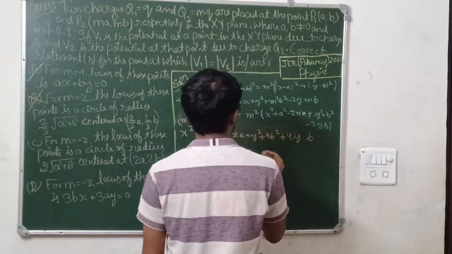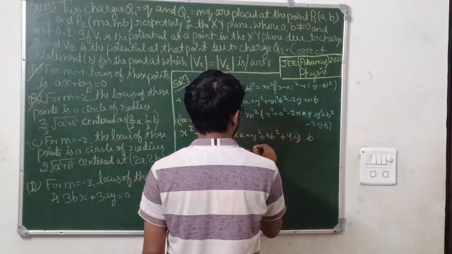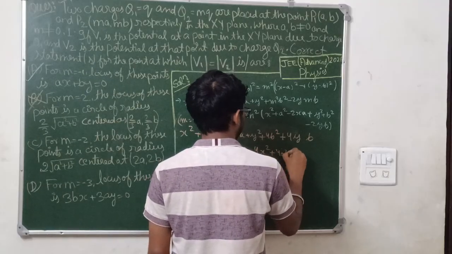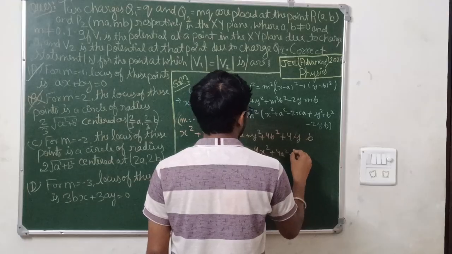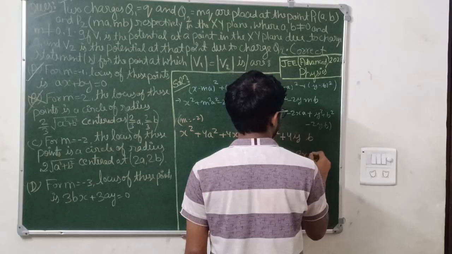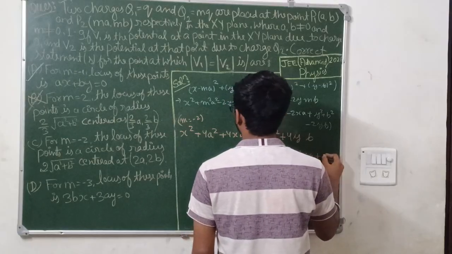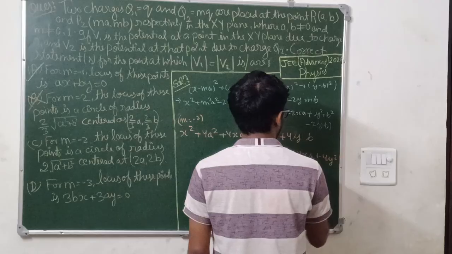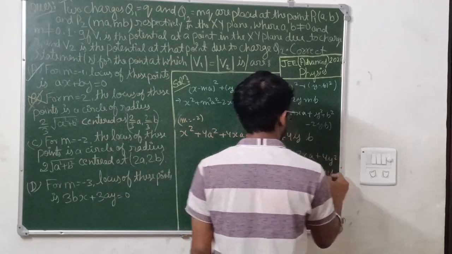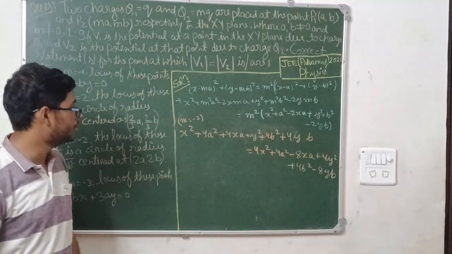M square is again 4, so this would be 4x square plus 4a square minus 8xa plus 4y square plus 4b square minus 8yb. This is the final equation. Clear? For m is equal to minus 2.